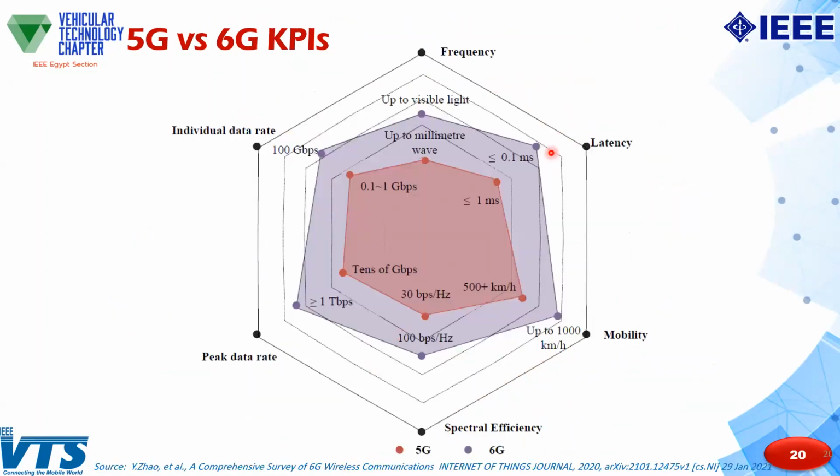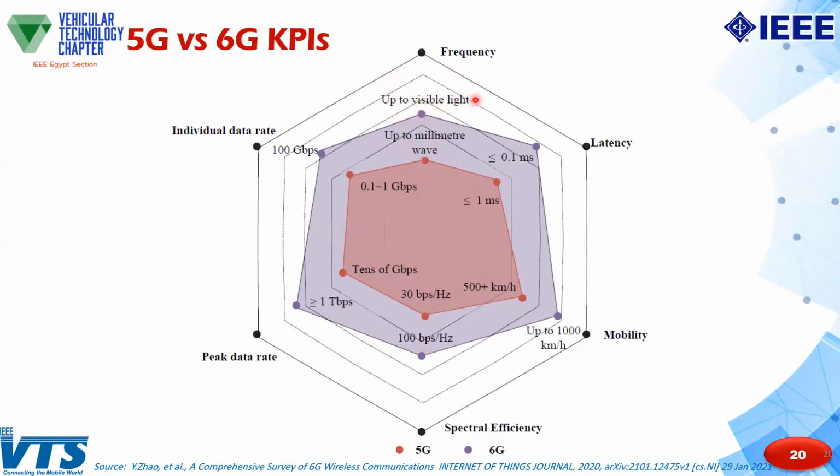From the radar shape comparing 5G versus 6G, you can see 5G in red and 6G in purple. You can see that 6G will enhance the data rate and the data throughput by introducing visible light communication, VLC.